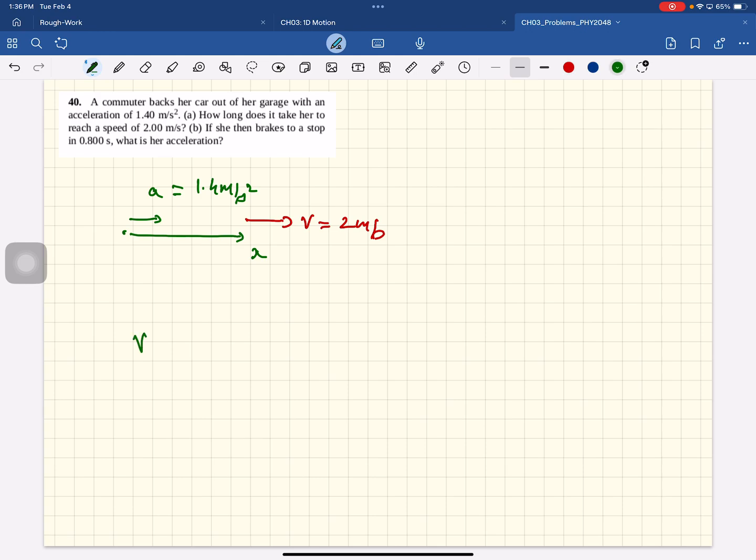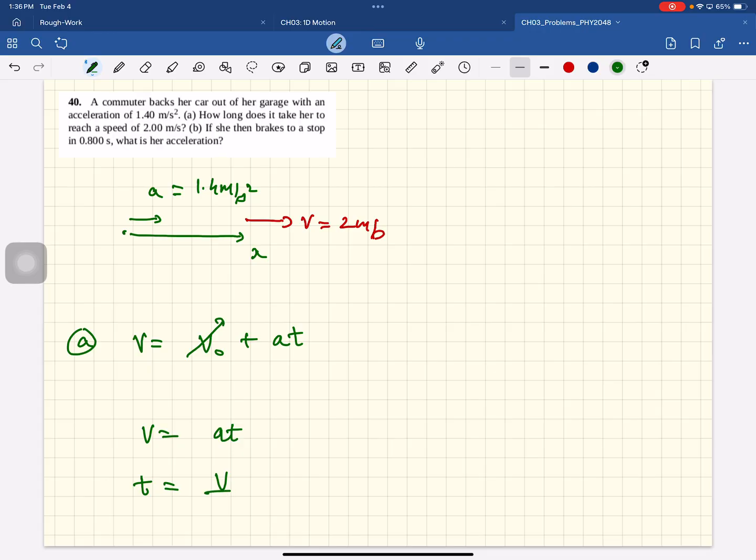Okay, you saw that you have this equation. Velocity as a function of time is given by that. V naught is the initial velocity, plus acceleration times time. Okay, so in our case the initial velocity was 0, so V equals AT.